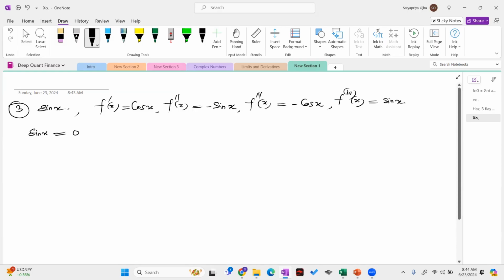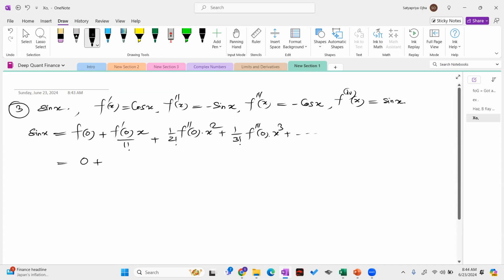F dash, you know what? Let me not do that stuff. This is our first time, right? F dash 0 x, 1 by 2 factorial f double dash 0 x square, 1 by 3 factorial f triple dash 0 x cube. Sin 0 is 0.